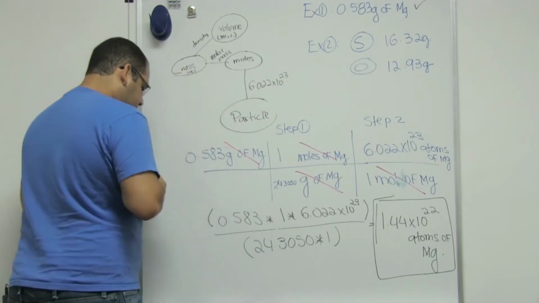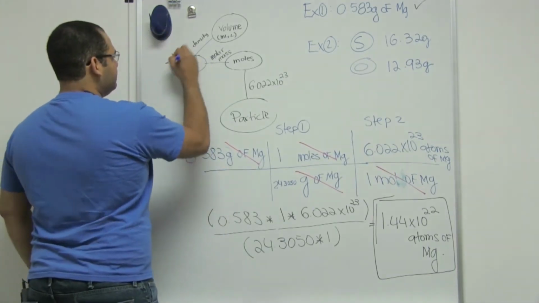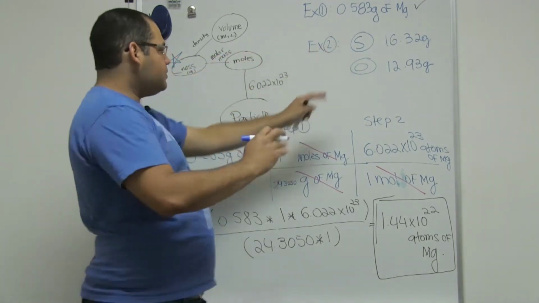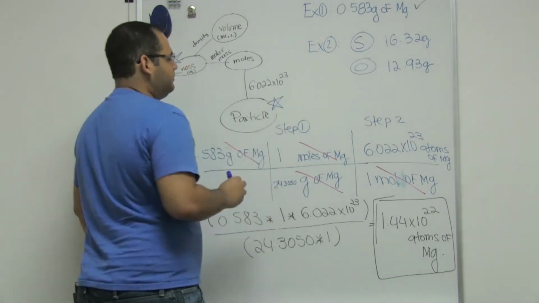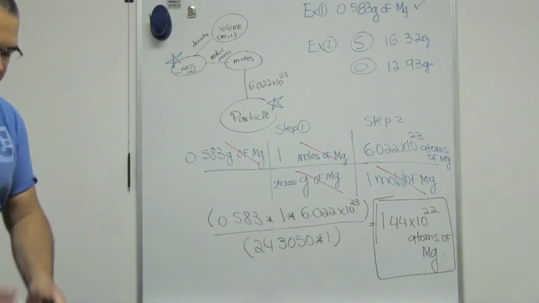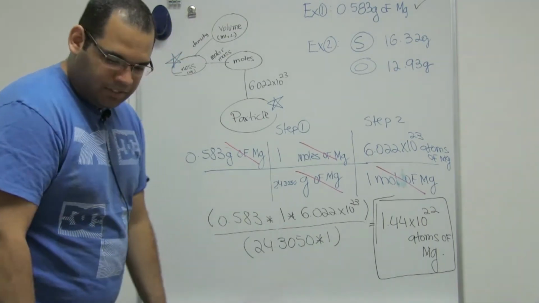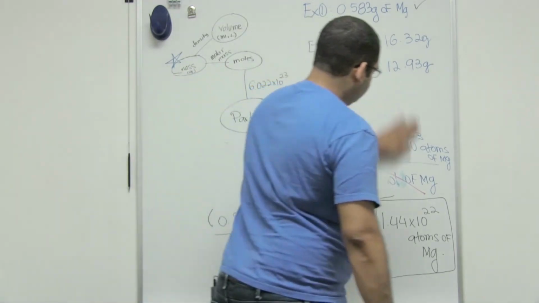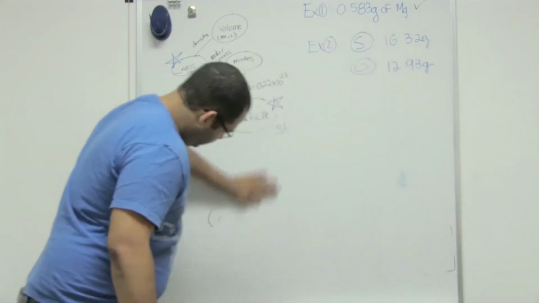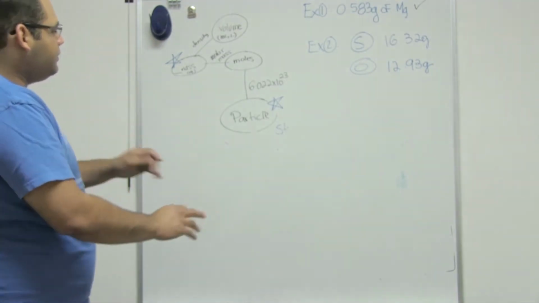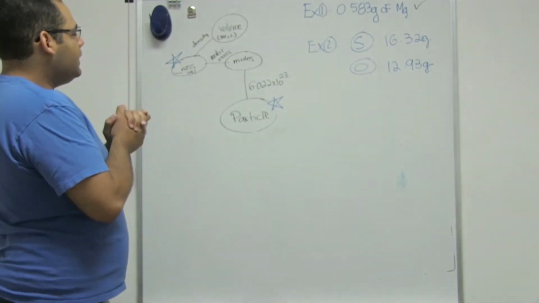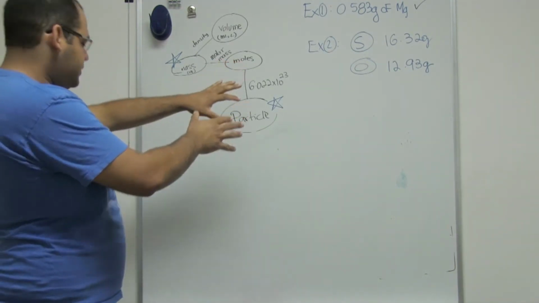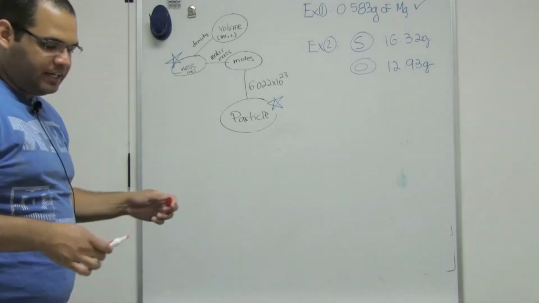If it gives me grams, I know that I'm here, and I want to know which of these two has more atoms, so I'm going here again. Let's do the calculation one more time. I actually don't have an eraser here, so I'll do this in a fast way. You can stop the video now, do it by yourself, and then check if you got the same answer that I got.